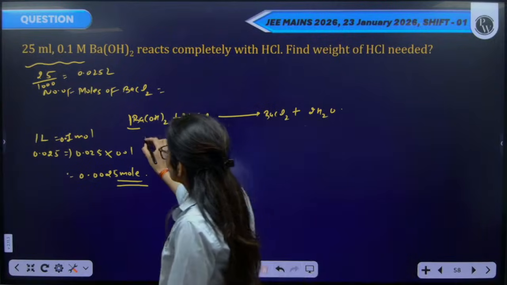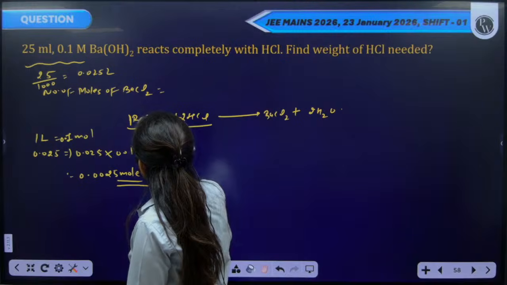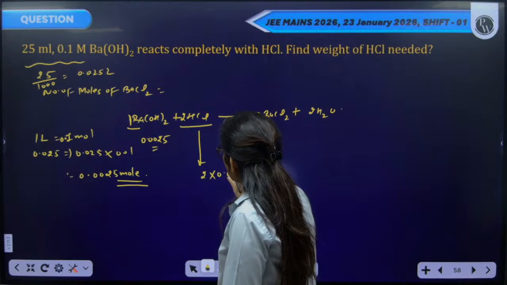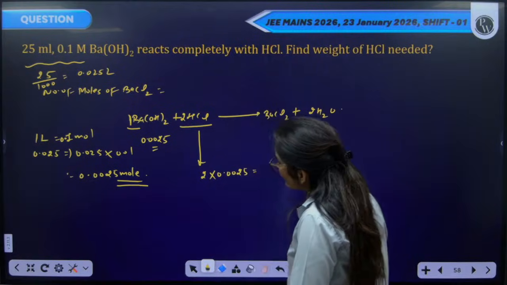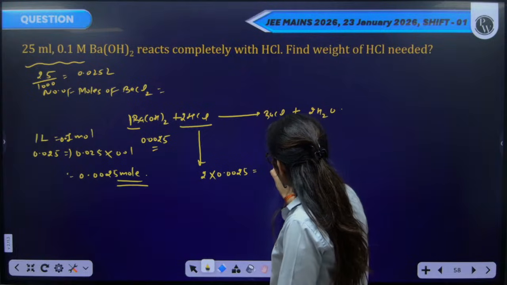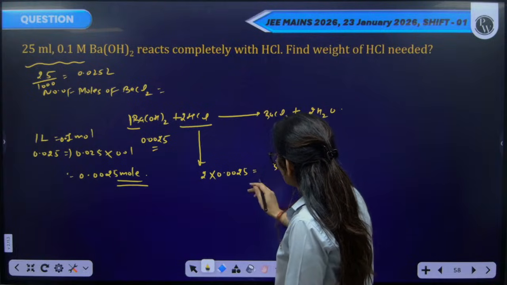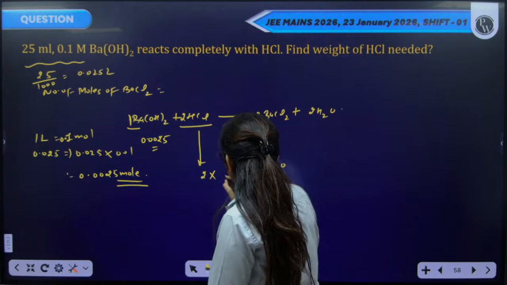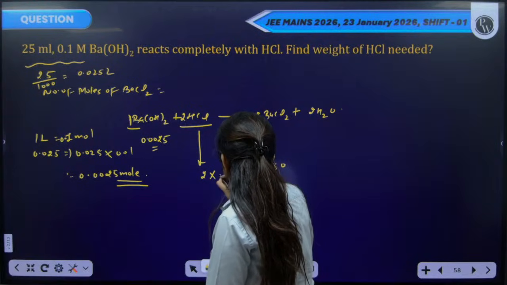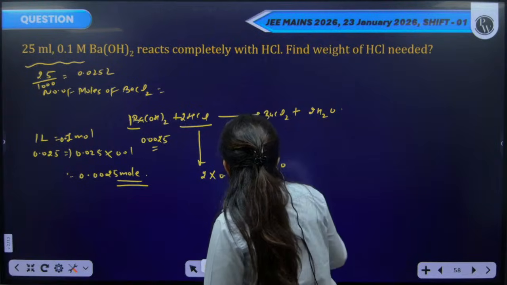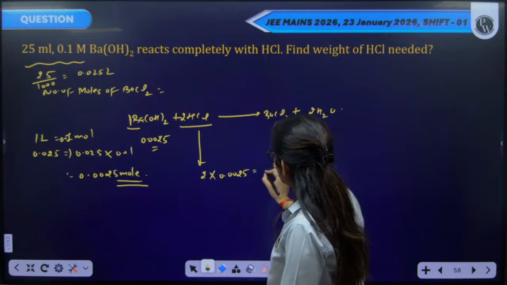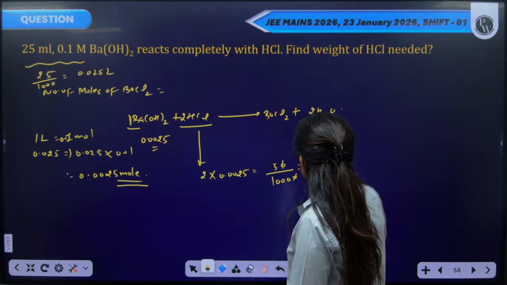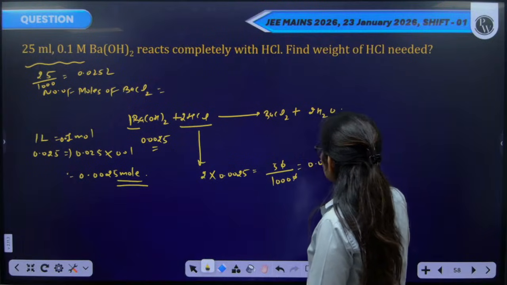Means if this has 0.025 mole and it is completely reacted, then for HCl it should be 2 into 0.025. So that will be equal to 0.005 mole. That much mole will be there.